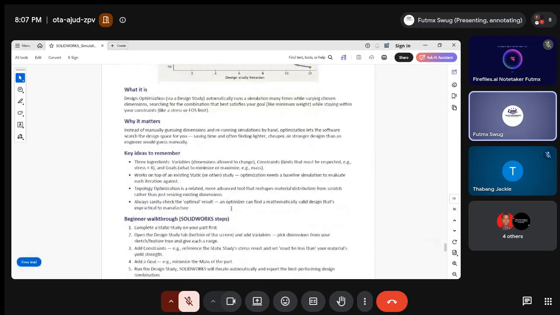Like I said, different industries have varying factors of safety and varying levels of deflection that you need to have.